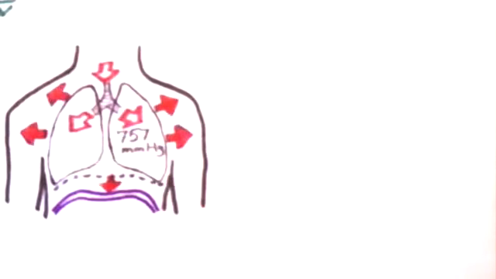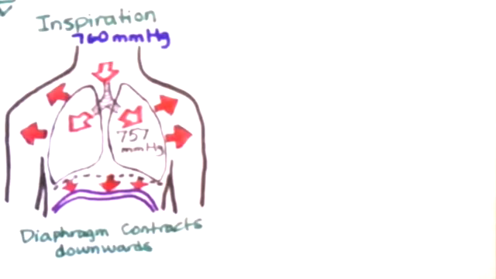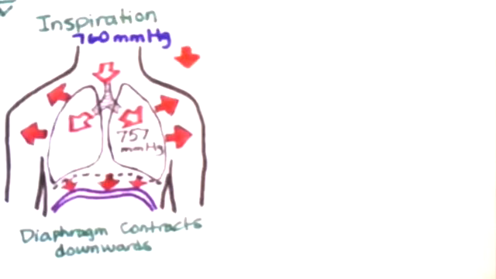During inspiration, the chest cavity expands. So what happens is that the diaphragm contracts downward and the volume in the chest cavity increases. So according to Boyle's law, as the volume increases, what happens to pressure? Pressure drops.